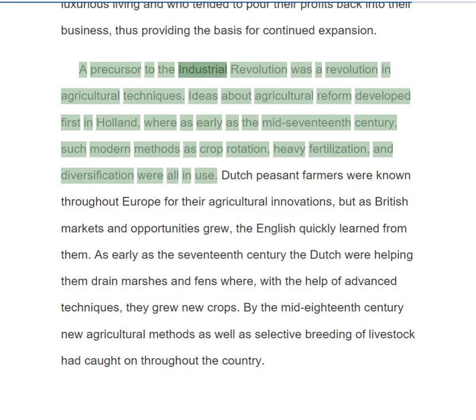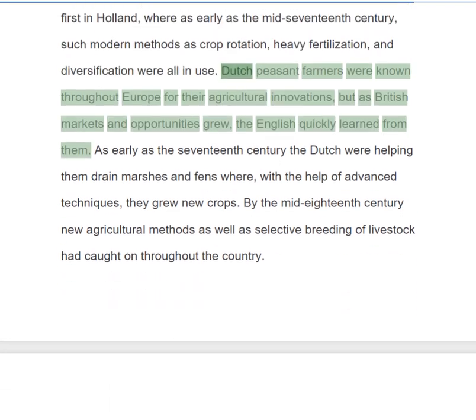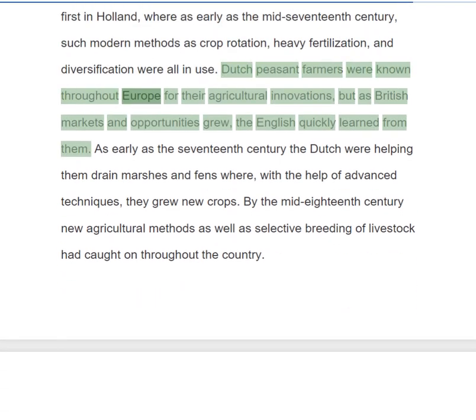A precursor to the Industrial Revolution was a revolution in agricultural techniques. Ideas about agricultural reform developed first in Holland, where as early as the mid-17th century, such modern methods as crop rotation, heavy fertilization, and diversification were all in use. Dutch peasant farmers were known throughout Europe for their agricultural innovations, but as British markets and opportunities grew, the English quickly learned from them.